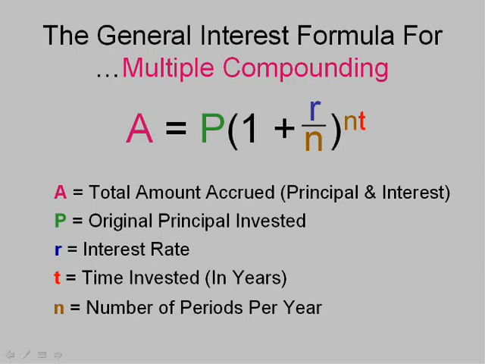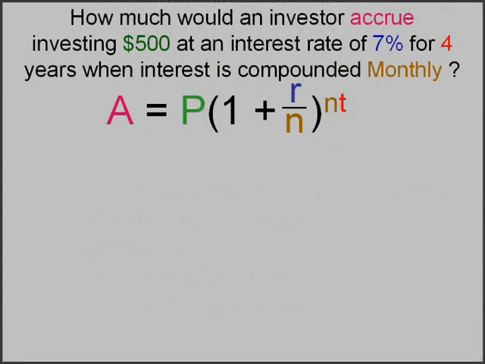Now before you get nervous, let's answer a question using this formula without using logarithms. Consider how much would you, the investor, accrue, how much money would be in your account if you invested $500 at an interest rate of 7% for 4 years.